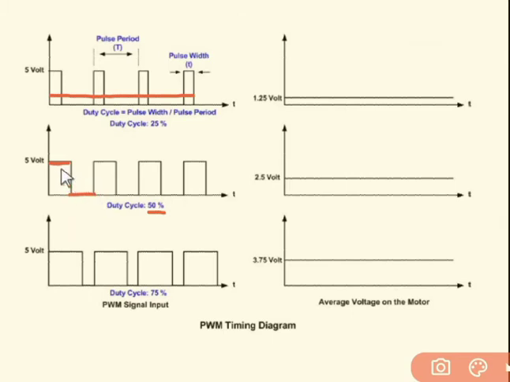The output voltage is 50% of the input voltage, and the input voltage is 5 volts, so the output voltage is 2.5 volts. The average voltage of the output is 2.5 volts. If we further increase the duty cycle from 50% to 75%, that means 75% is on time and 25% is off time. The output voltage is 75% of the input voltage, and its magnitude is 3.75 volts.